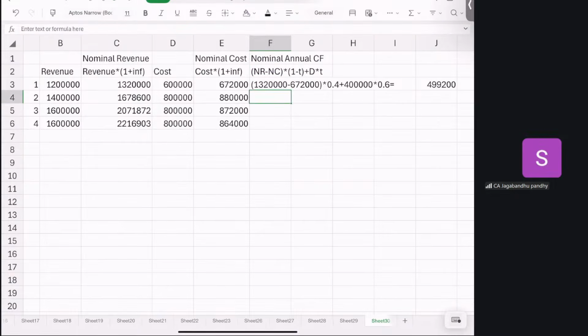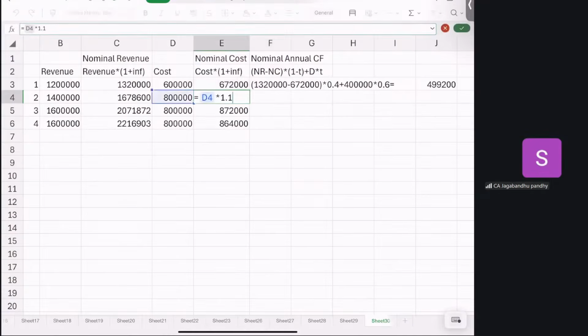Okay, then calculate the same way for the second, third, and fourth. Calculate the same nominal annual cash flow for second, third, and fourth year. Sir, nominal cost, I got some different values, sir. Those are different values coming. Oh, I think, yeah, I just missed out on it.